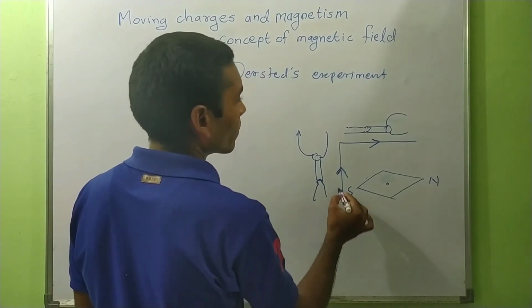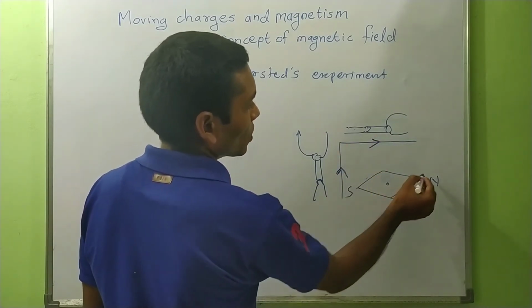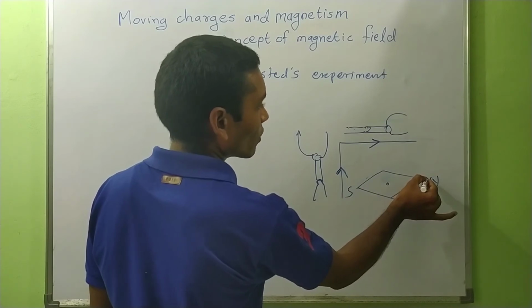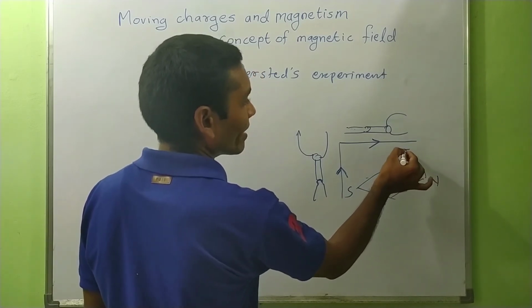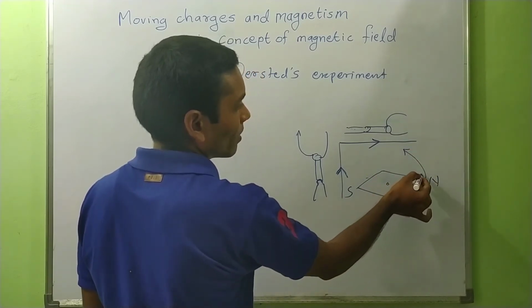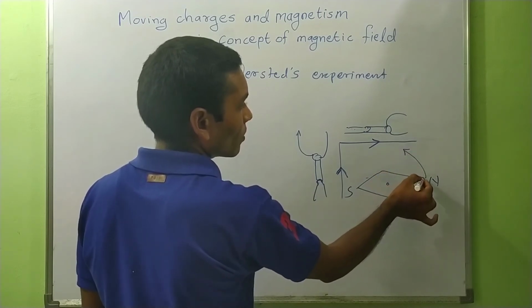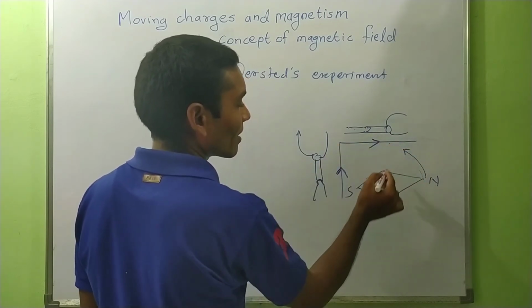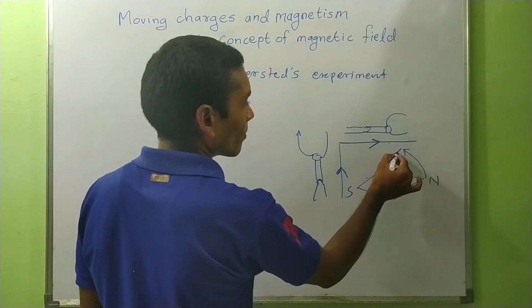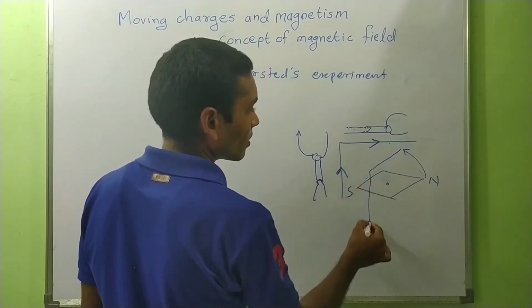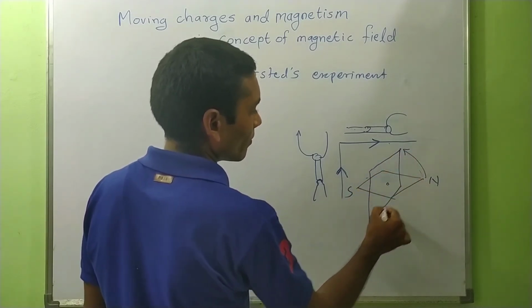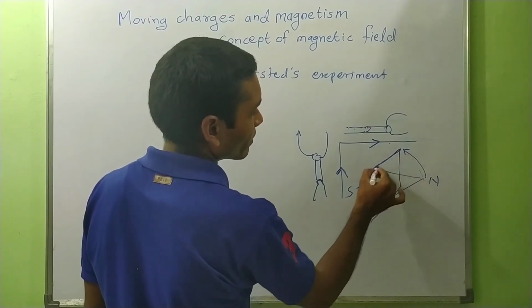If the current is flowing through the conductor, the north pole of the magnetic needle will deflect towards the conductor along this direction. So the new position of the magnetic needle will be this.